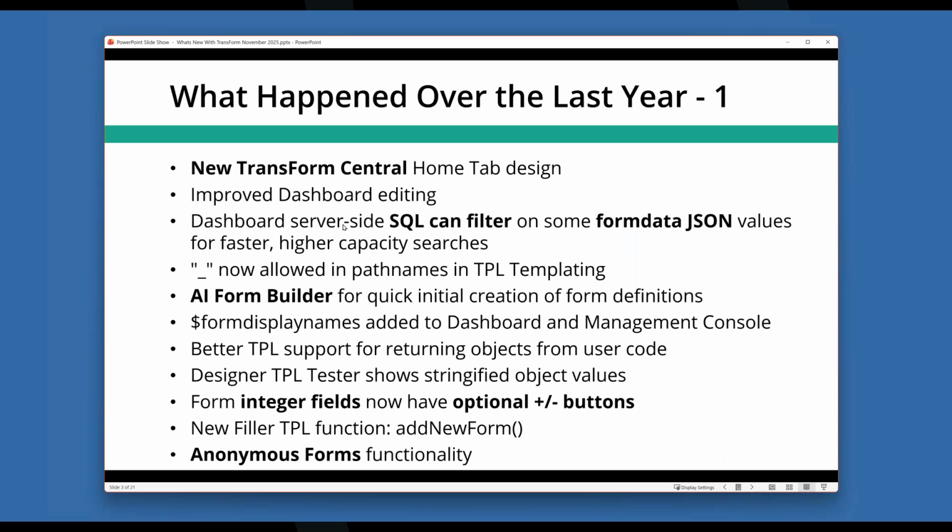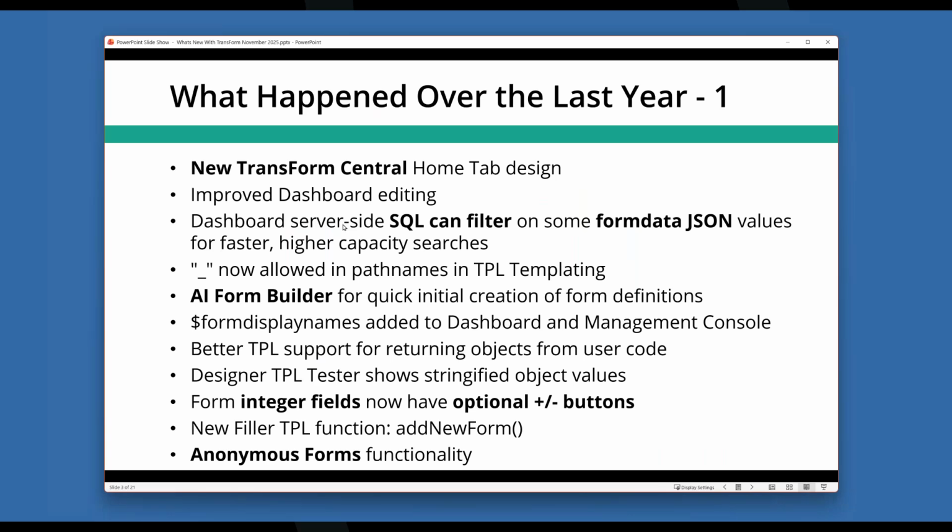There were issues with how much you could handle in terms of data, because SQL could only filter on the top level fields of the TransForm form instance records. Well, now we can filter on some of the form data JSON values. This lets us do faster and much higher capacity searches.